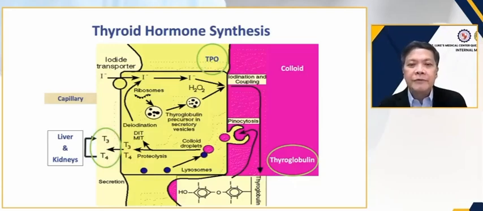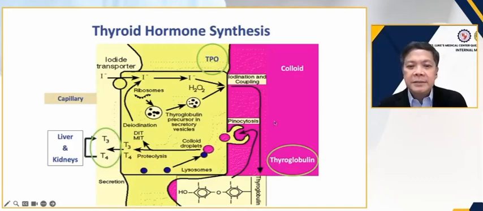And the coupling of two diiodotyrosine will give you T4, and the coupling of one MIT, or monoiodotyrosine, with one diiodotyrosine will give you T3.